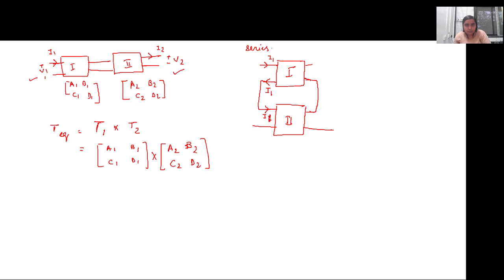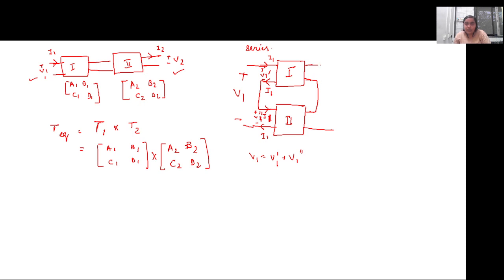This is I1, and this is voltage V1 dash of the first network. This is voltage V1 double dash for the second network. So the net voltage is V1, where V1 equals V1 dash plus V1 double dash.